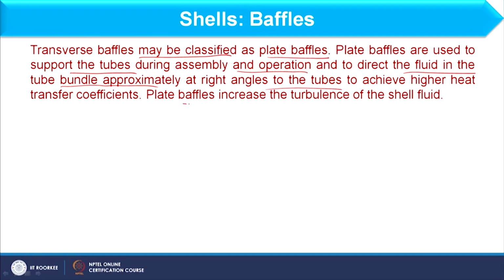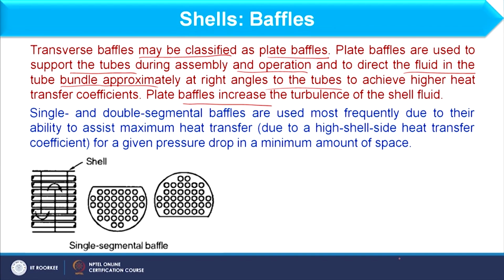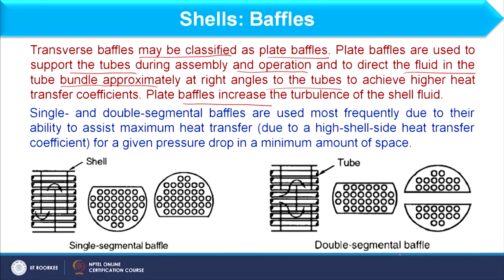So, plate baffles are usually used to increase the turbulence on the shell side, fine. And we have single segmental and double segmental baffles, and these are most frequently used due to their ability to assist maximum heat transfer, okay, due to a high shell side heat transfer coefficient for a given pressure drop, in a minimum amount of space, fine.